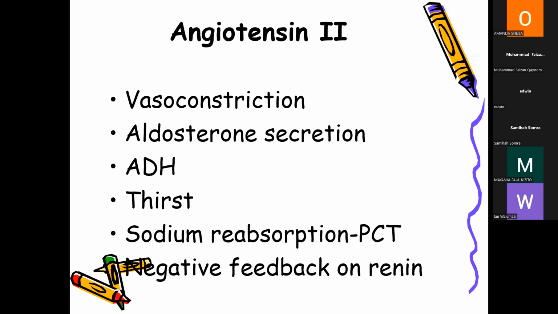If you pick any textbook of physiology and anatomy, you can find maybe 22 others. And once you have corrected the blood pressure, once you have corrected the hypovolemia, once shock has been overcome, then there's a negative feedback on renin, so that renin production is reduced, and therefore you go back to normal.